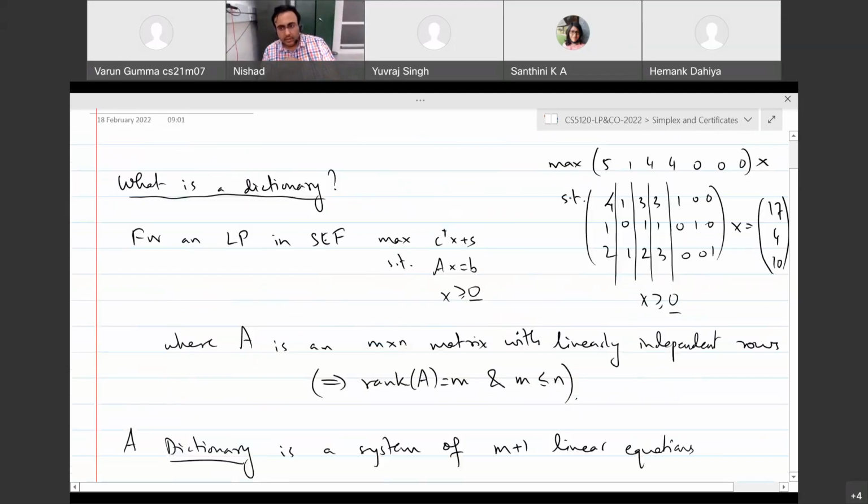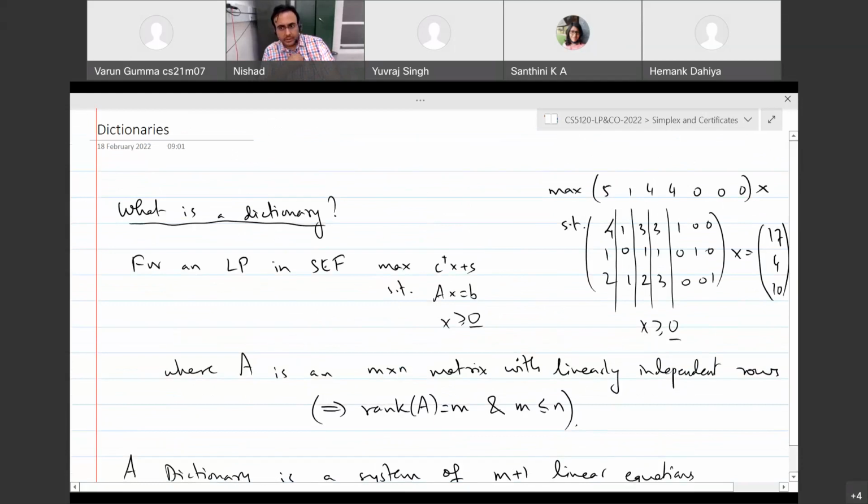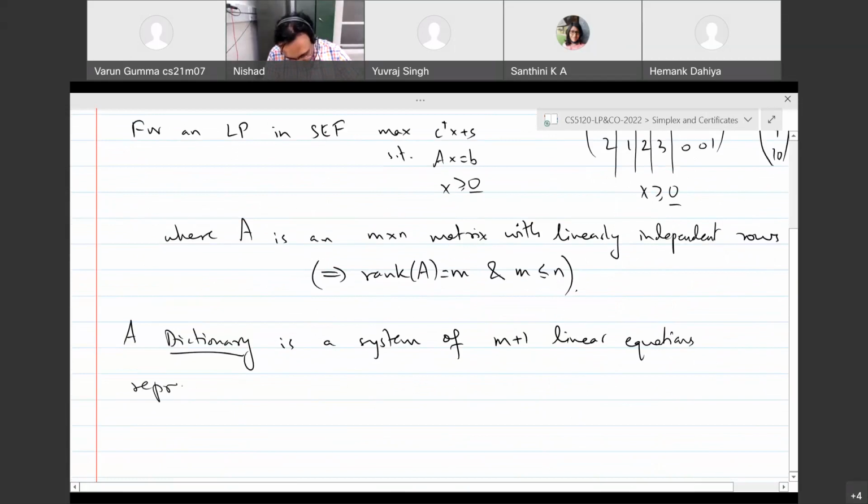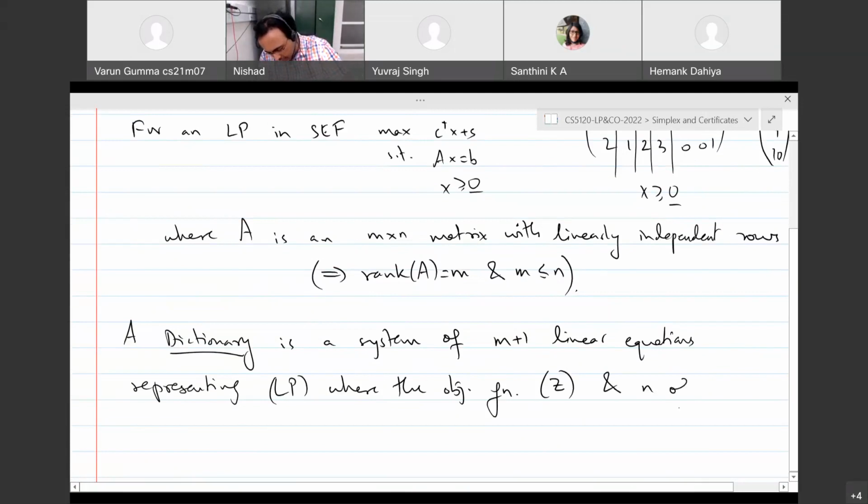So in this example, we would have 4 linear equations in each dictionary, representing this LP where the objective function, which is denoted by z, and m of the original variables, sorry, my bad, m of the original variables.